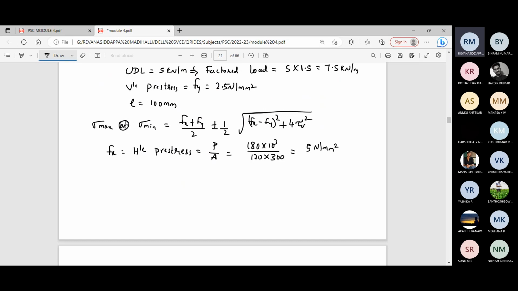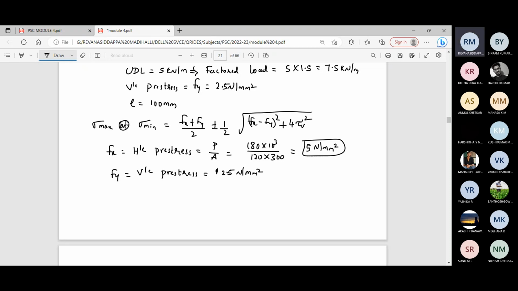Please cross check the answer. Then Fy is vertical pre-stress. It is directly given in the problem. In the previous problems it was 0, vertical pre-stress was not there. But in this problem, it is given as 2.5 Newton per mm square.